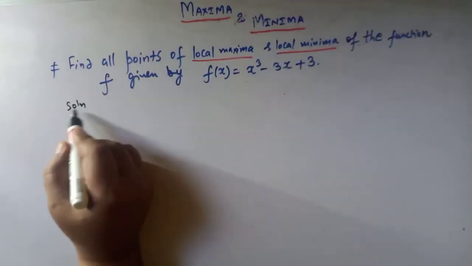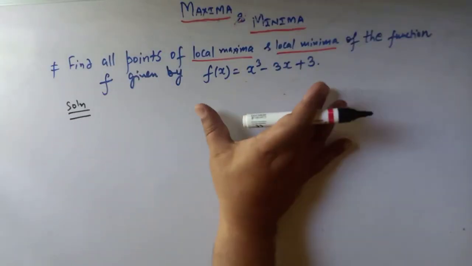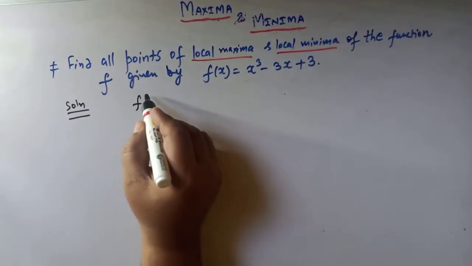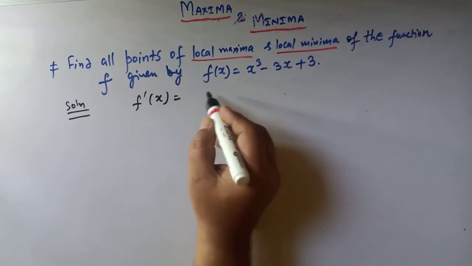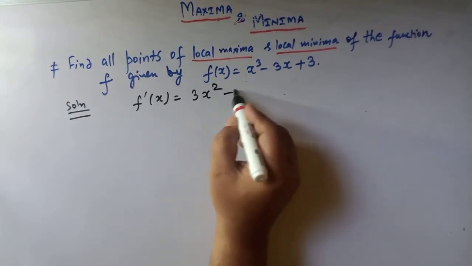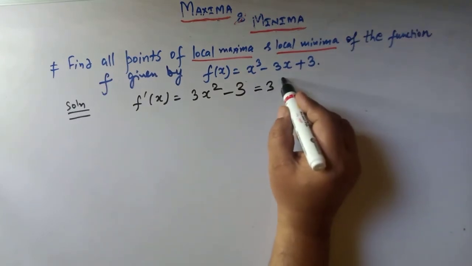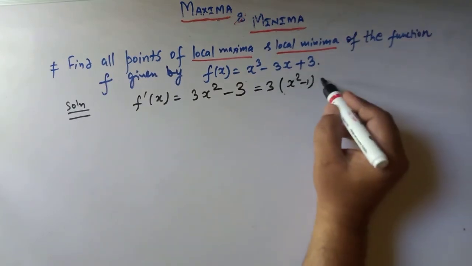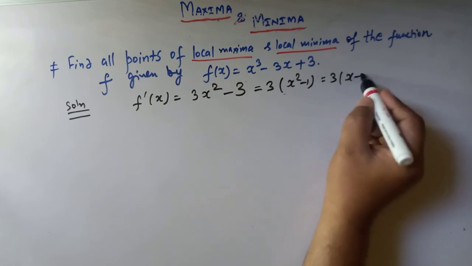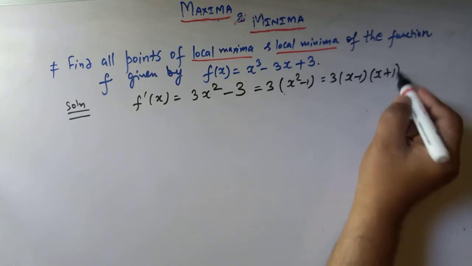First, we will find the derivative. The derivative is 3x square minus 3, which can be written as 3 times x square minus 1, and we can write 3 times x minus 1 and x plus 1.